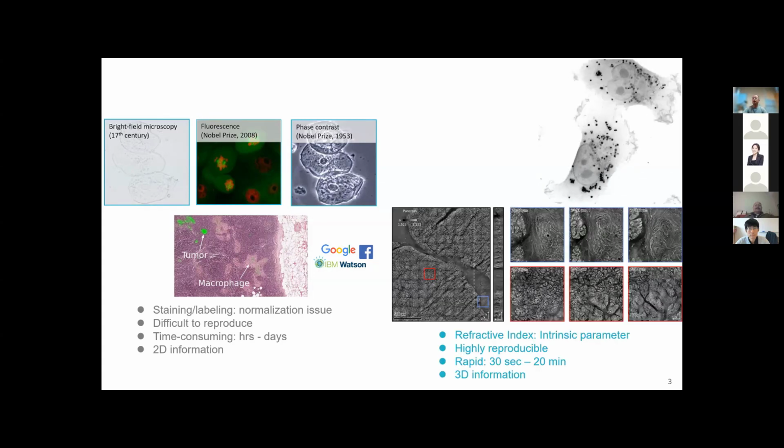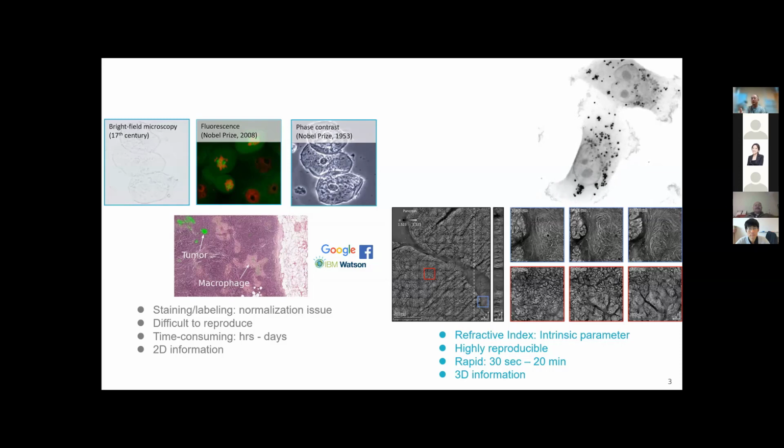And the idea is to use refractive index as the intrinsic imaging parameter. In physics, the refractive index determines the speed of light as the light is passing through the sample, as Peter has introduced in his talk. In biological terms, the meaning of refractive index is protein concentration.